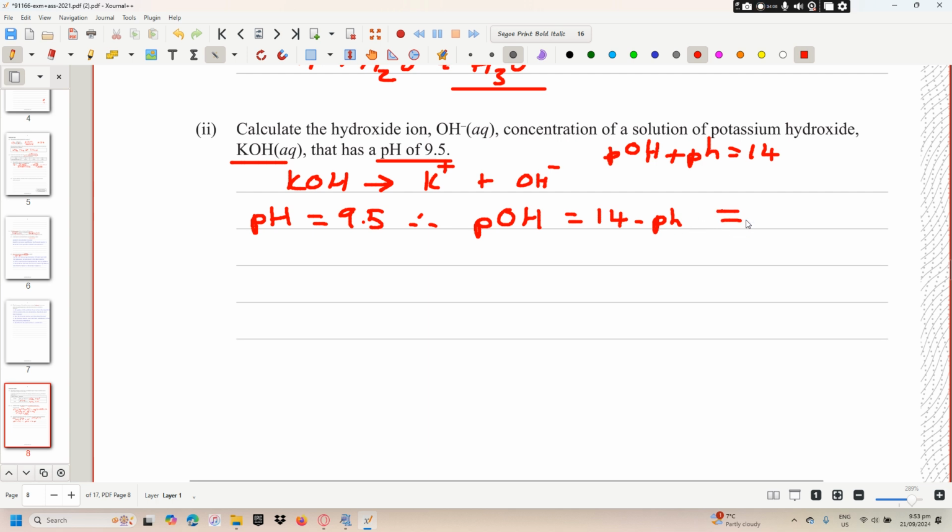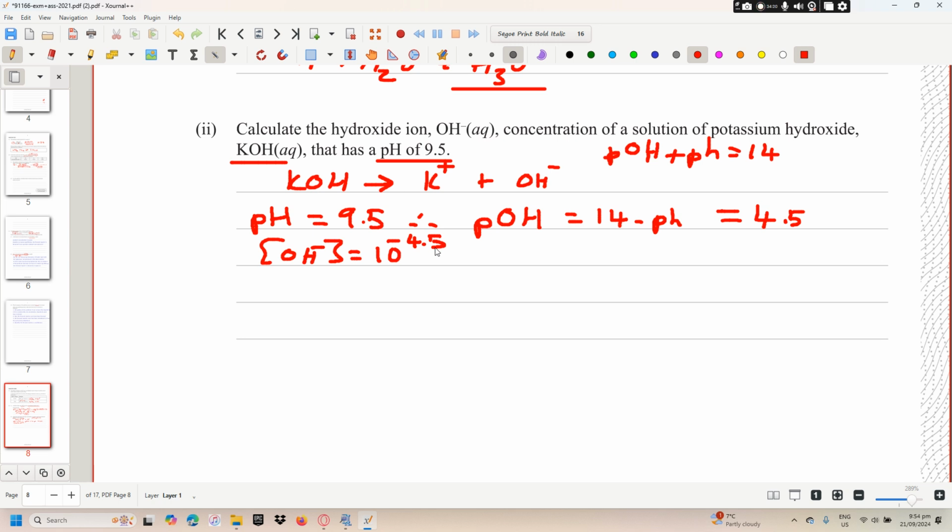That is 14 minus 9.5 equals 4.5. And then you can go OH minus equals 10 to the minus 4.5, and that will garner you the exact same answer: 3.16 times 10 to the minus 5.